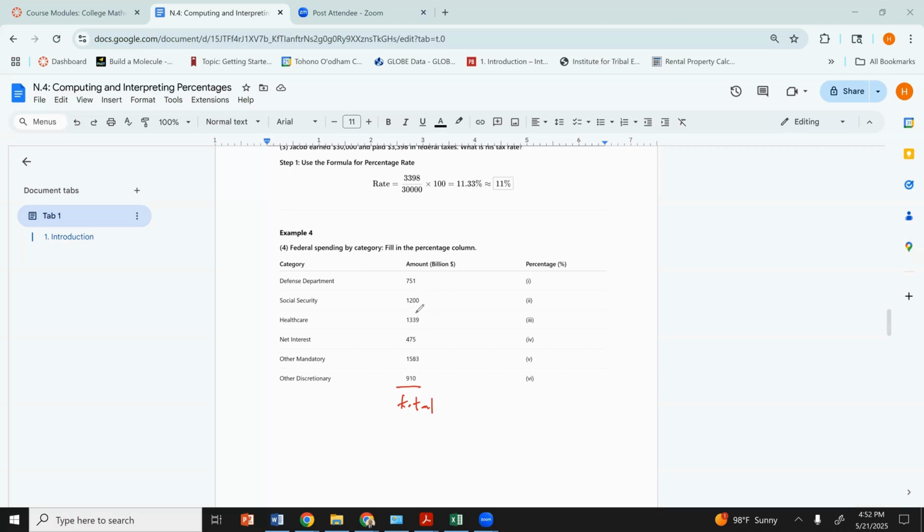We just add 751, 1200, 1339, 475, 1583, 19. You add all of that, it's going to give you some total right here. So that total divided by 751. Okay, we're doing percentage, so you must multiply. Sorry, we already have 751. So let me take that back.